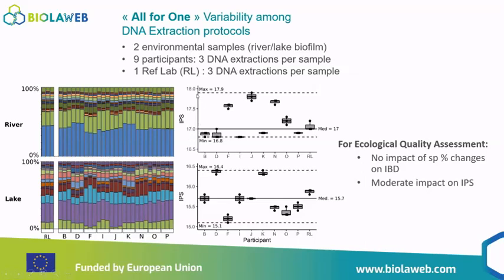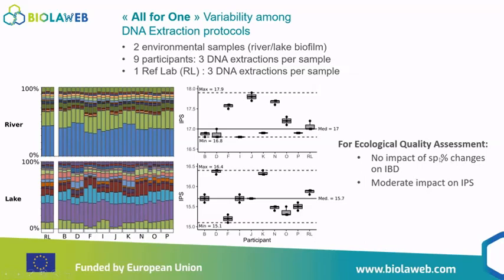The highest point here is not even 18, and the lowest point is 16.8. So you can see that it's really in a short and limited range, and so it's quite good. And if you look at the lake sample, it's about the same. It's between 15.1 and 16.4.